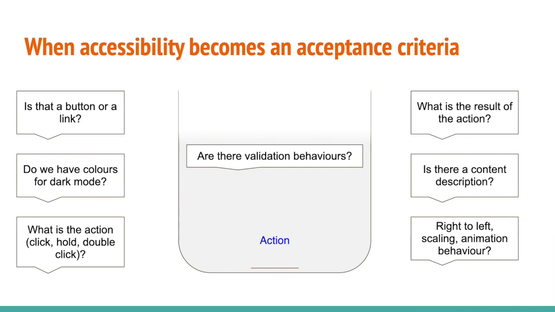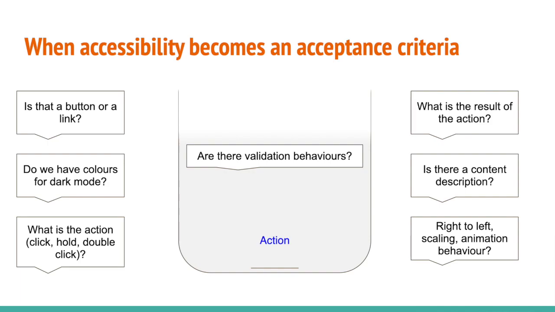So the recommended behavior for validation, instead of having a disabled button, would be to enable the button, but the validation behavior would produce an error at the right place for the user.